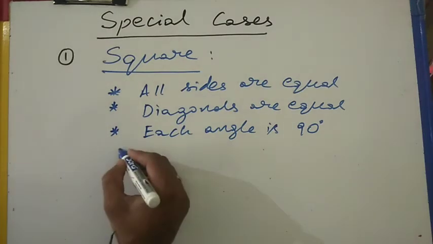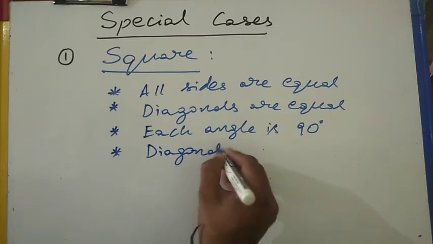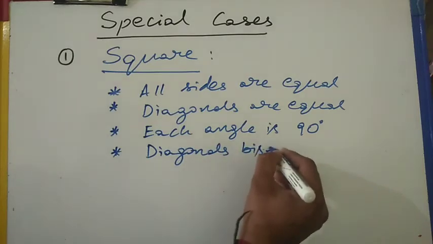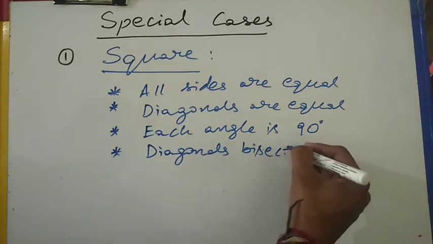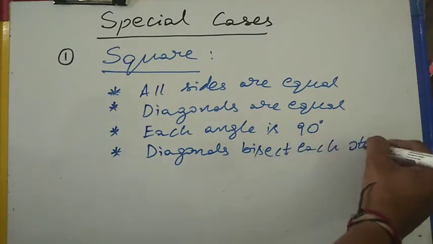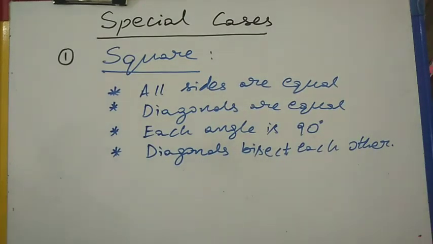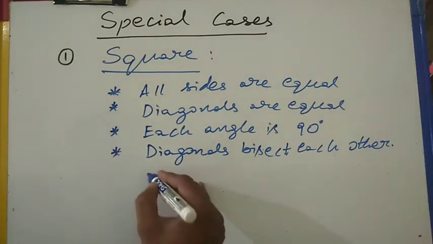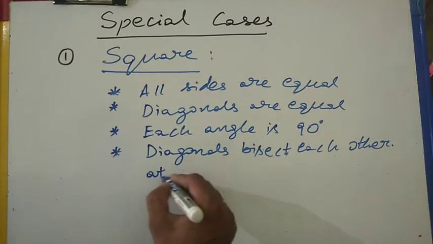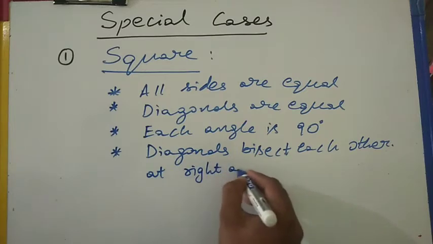Then diagonals bisect each other. So, that means diagonals not only bisect, means cutting into two equal parts, they even bisect at right angle.